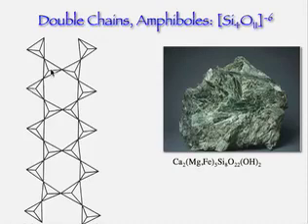So we have 2 different types. The anion in these double chains is some polymer of Si4O11 6-. Now remember that this is not a molecular formula. This is simply the smallest unit that we can represent of this long, large material.